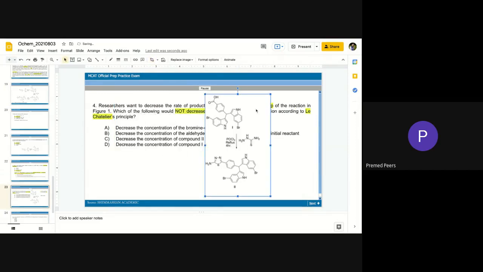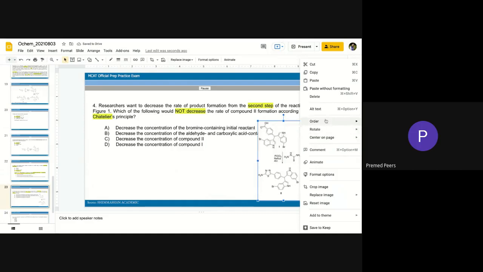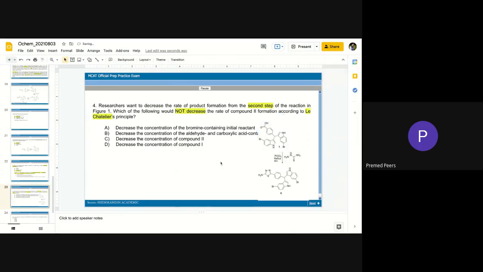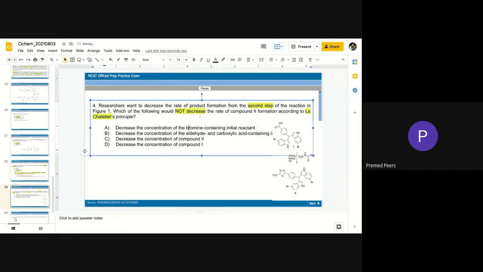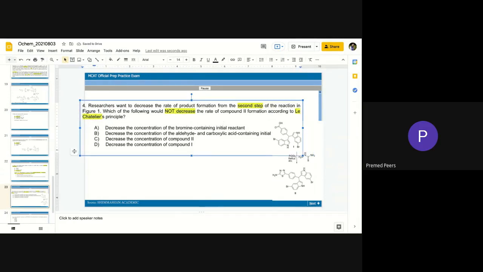Cool. Okay, so here's our second step. Here it talks about option A. Let me see if you guys have any answers. C. So decreasing the concentration of compound 2.